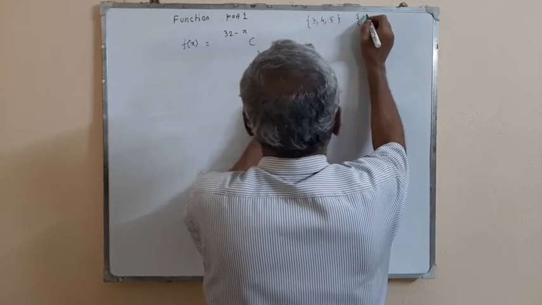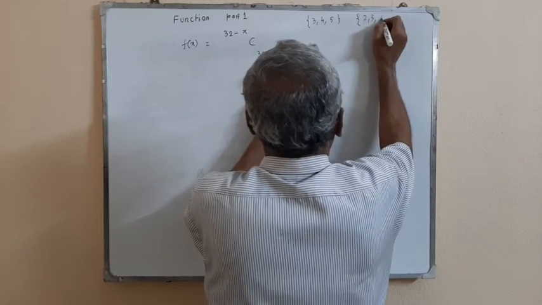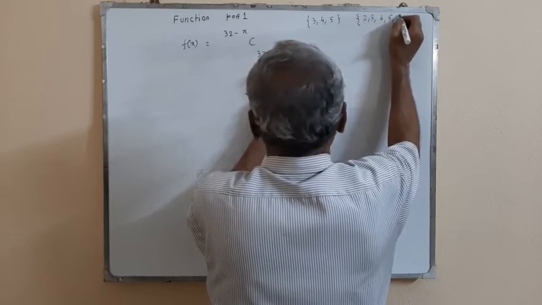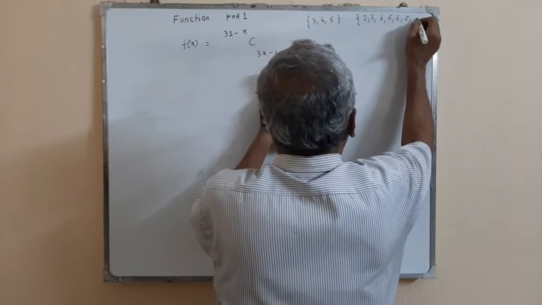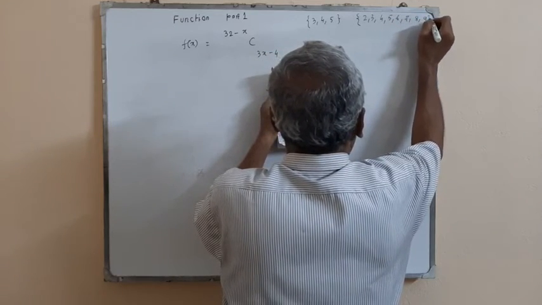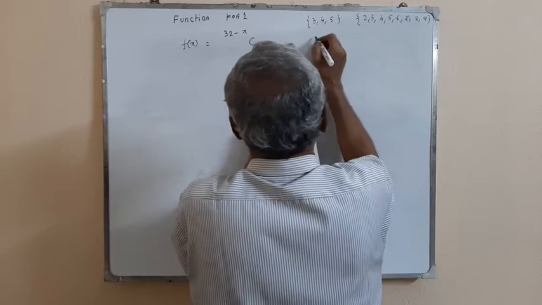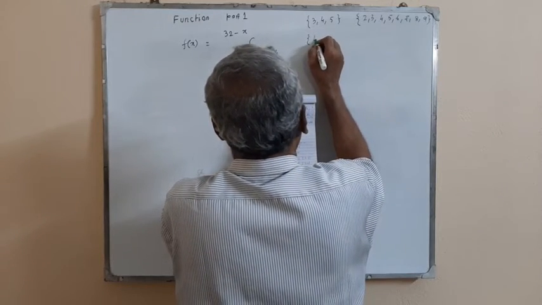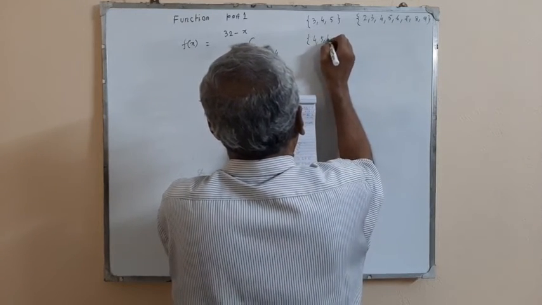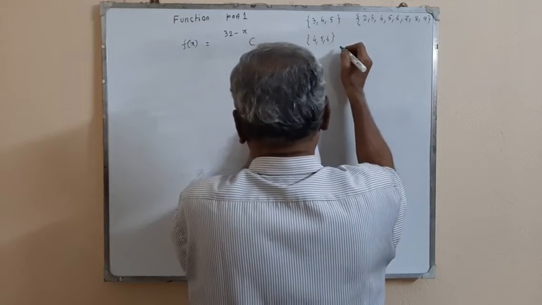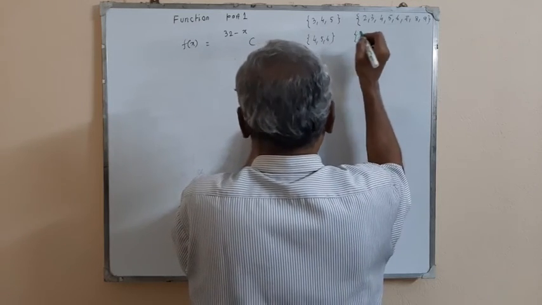Second option is {2, 3, 4, 5, 6, 7, 8, 9}. Third option is {4, 5, 6}. Next one is {3 to 8}.